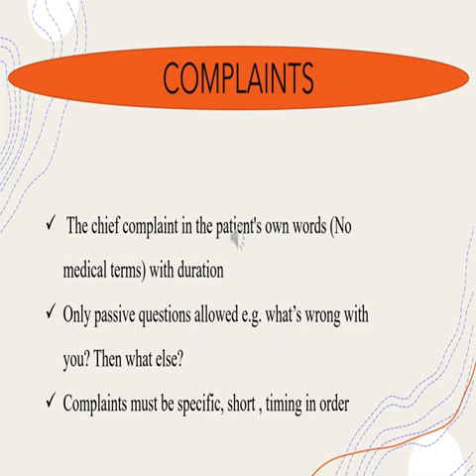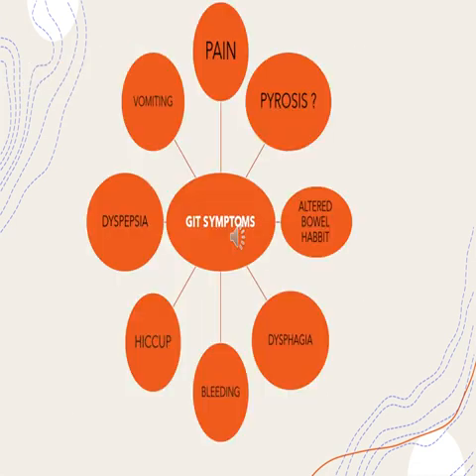And how to take the complaint. The variety of complaints in GI, gastrointestinal and hepatology systems, including liver and pancreas, runs from the alimentary tract, from the mouth up to the anal canal. So many complaints are related to gastrointestinal disease.